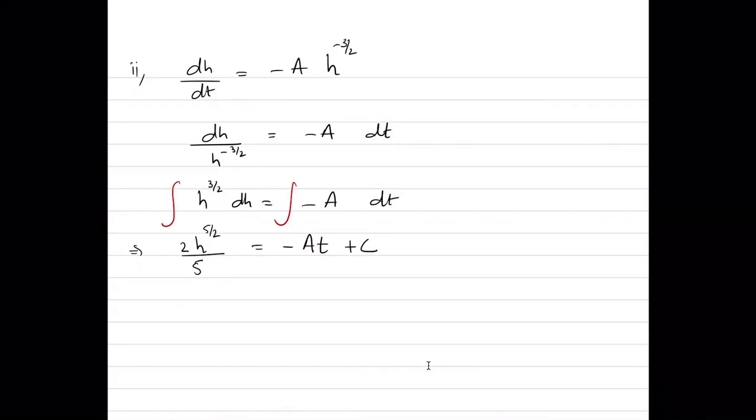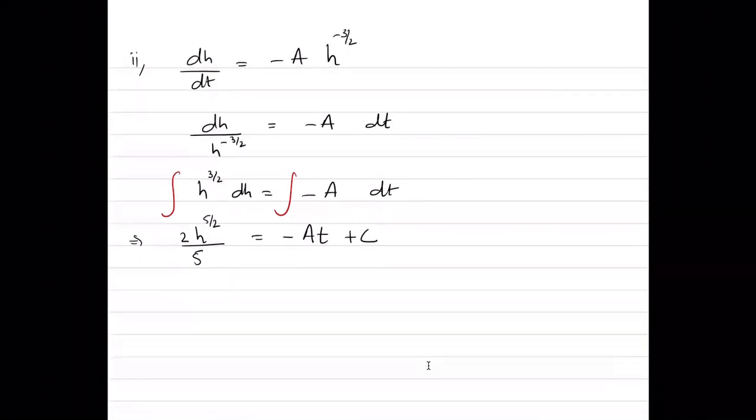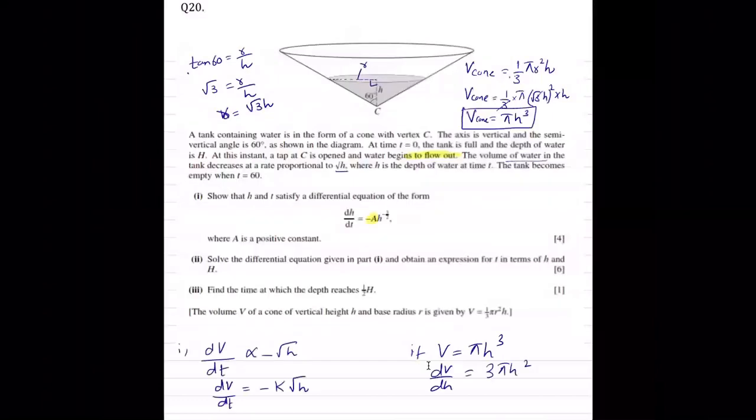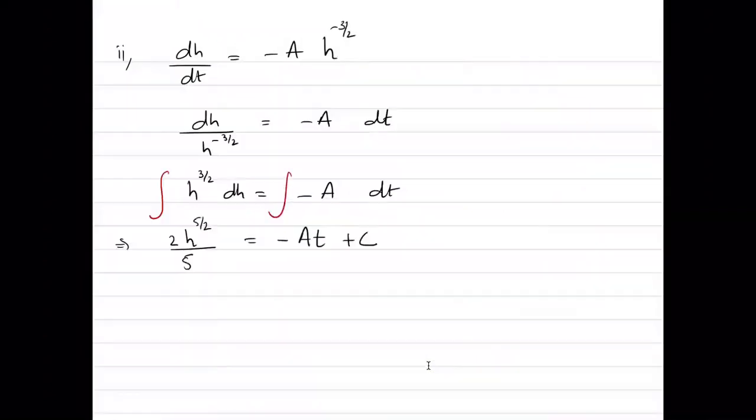Now, when t was 0, the question had mentioned that initially at time t equals 0, the tank is full and had a height of capital H. So at t equals 0, small h is equal to capital H. So this is going to be 2h to the power of 5 upon 2 upon 5 equals c, right? t is 0.